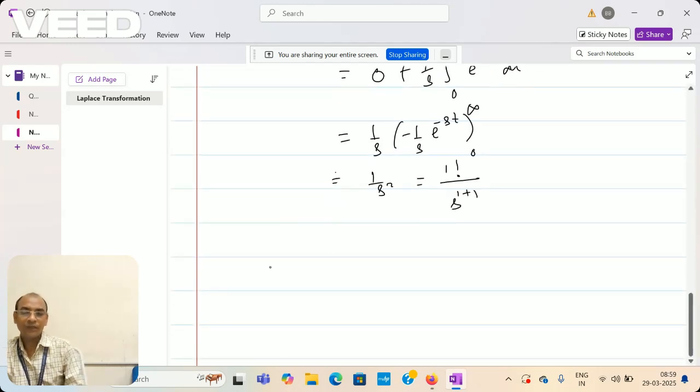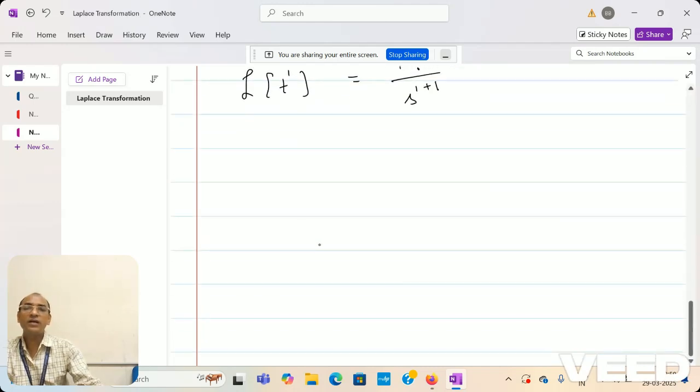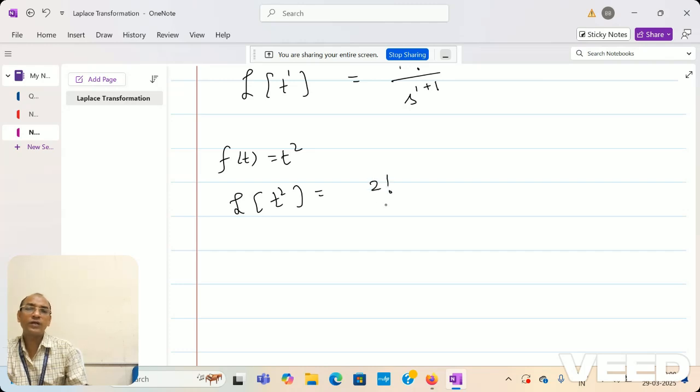That means when I am taking the Laplace transformation of t to the power 1, I am getting 1 factorial divided by s to the power 1 plus 1. Similarly, when I take f of t equal to t square, then the Laplace transformation of t square will be nothing but 2 factorial divided by s to the power 2 plus 1.